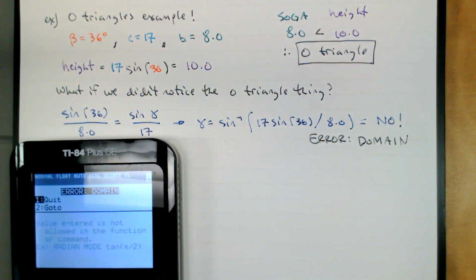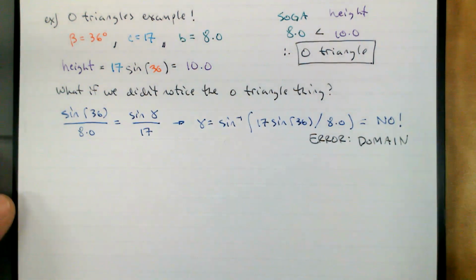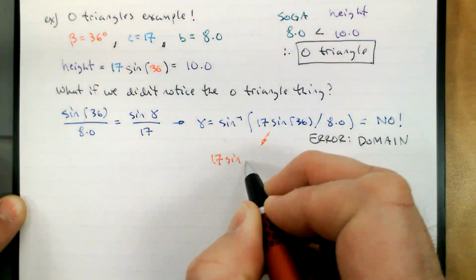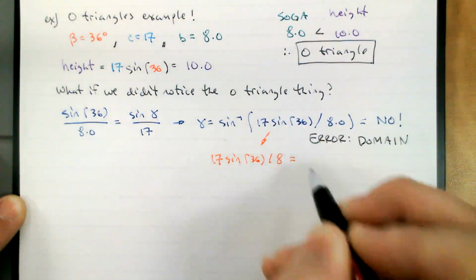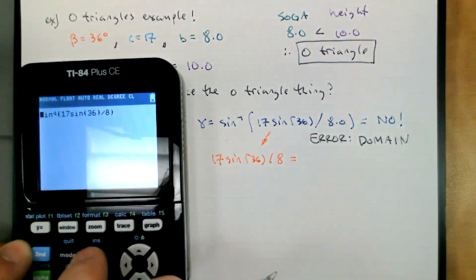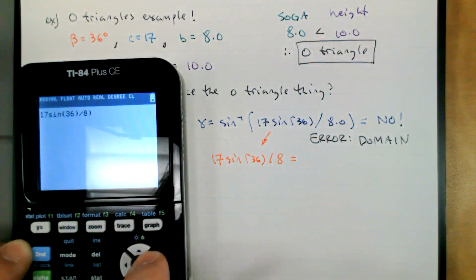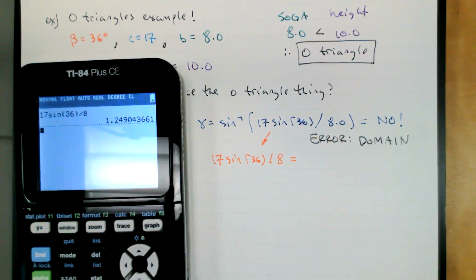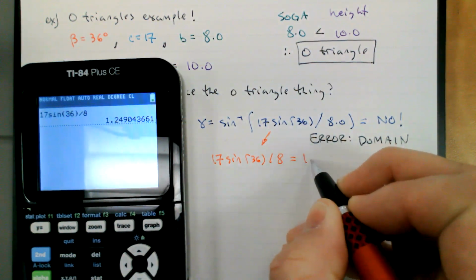So what we want to notice here, if we get rid of the sine inverse part, is that the 17 sine 36 divided by 8 is 1.24.